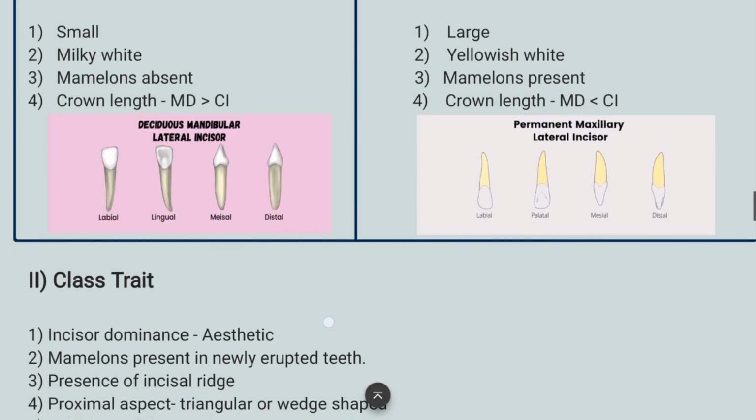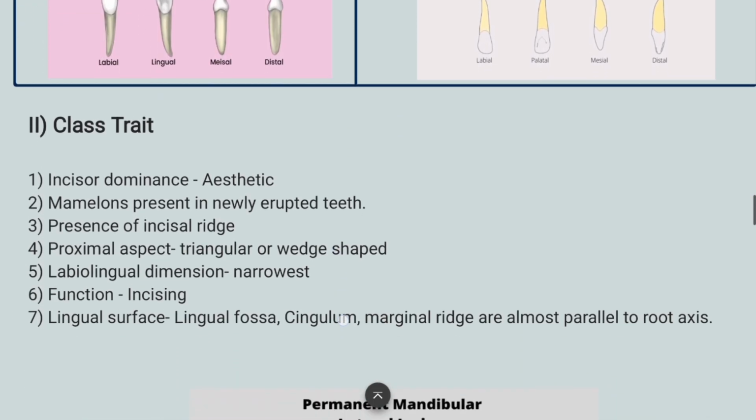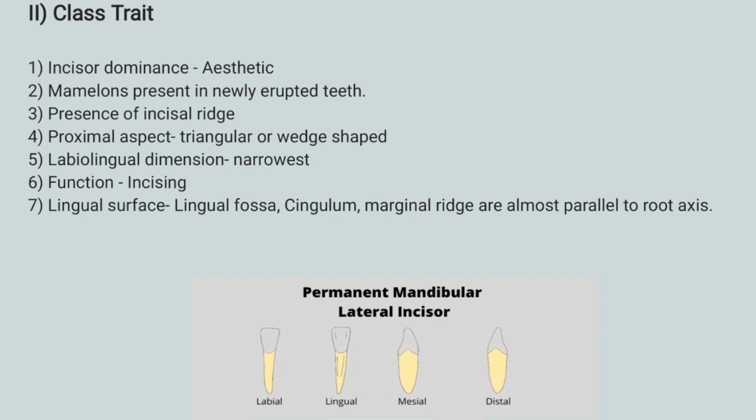Coming towards the class trait of permanent mandibular lateral incisor, which is common to all incisors. Presence of incisal dominance, mainly aesthetic in function. Mamelons can be seen in newly erupted teeth. Presence of incisal reach. When we see them from proximal aspects, they appear triangular or wedge-shaped.